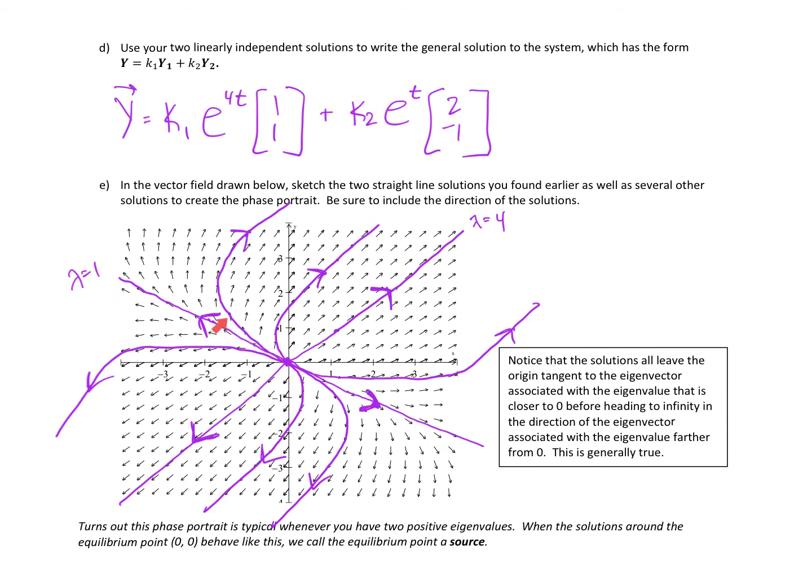They all start tangent, and then they turn and end up parallel to the eigenvector associated with lambda equals 4, the one further from the origin. So this phase portrait is typical whenever you have two positive eigenvalues. When the solutions all leave the origin like that, we call the equilibrium point at the origin a source.